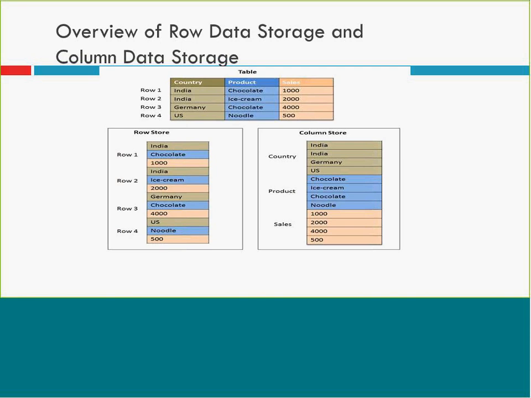As we learned earlier, SAP HANA is a relational database, right? A relational database typically uses row-based data storage. However, column-based storage is more suitable for many business applications. SAP HANA supports both row and column-based storage and is particularly optimized for column-based storage.